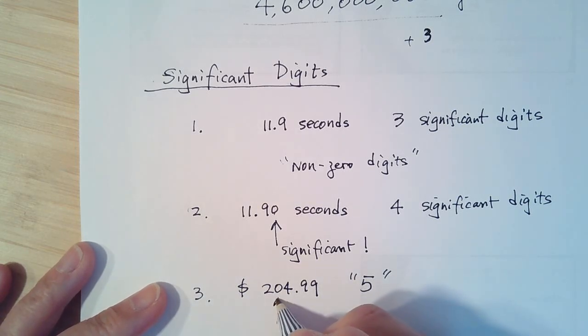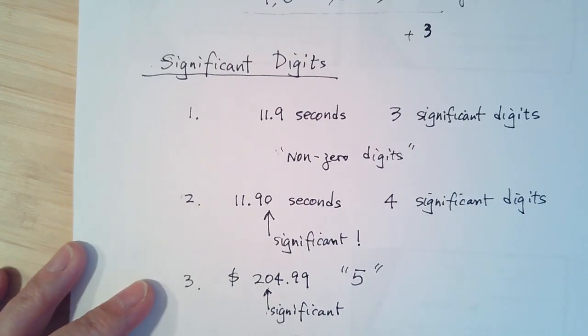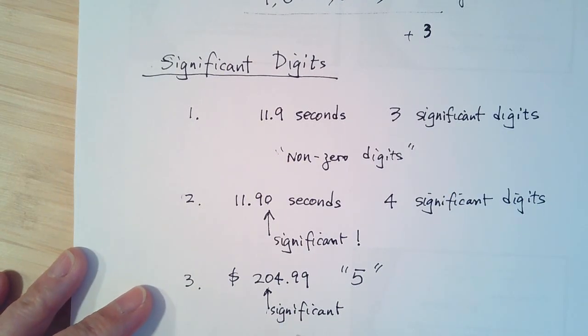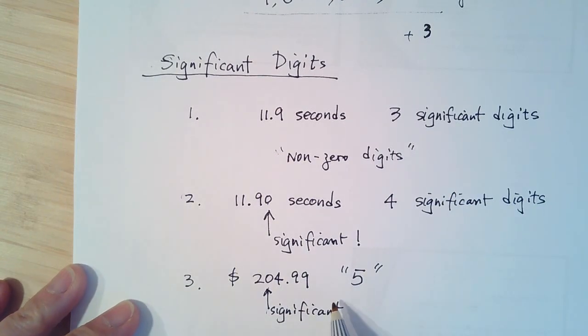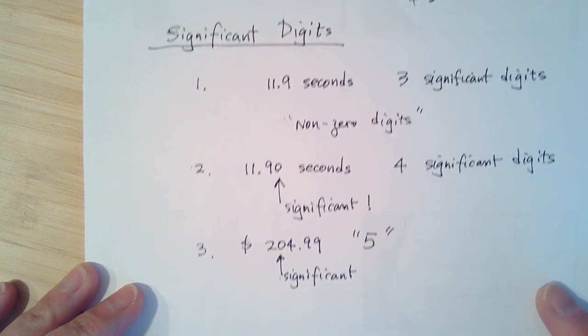Do you remember we said earlier that all the non-zero digits are significant? And the zeros between those non-zero numbers are also significant. So that's 5 significant digits.